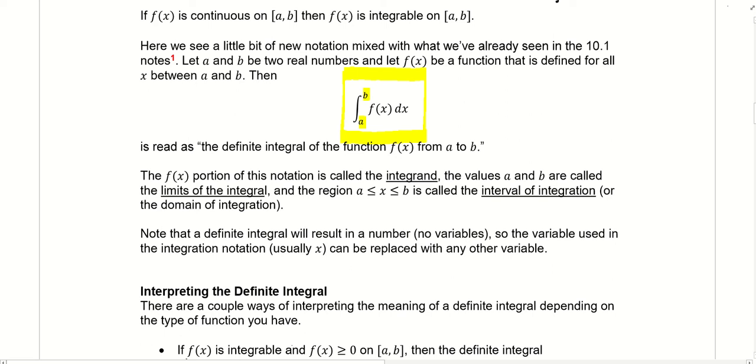Those values a and b, they're usually called the limits of the integral. And the region from a to b is usually called the interval of integration or the domain of integration. So if you hear those terms, that's what they're referring to. I'll keep using integrand. I'll use limits of the integral quite a bit as well. But that's some of the terminology that we see.